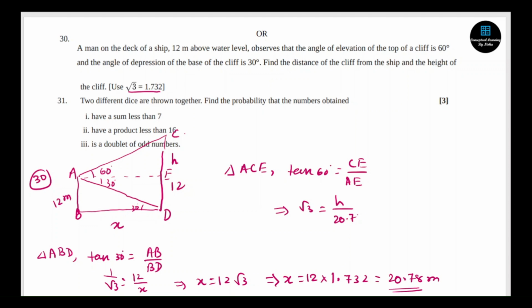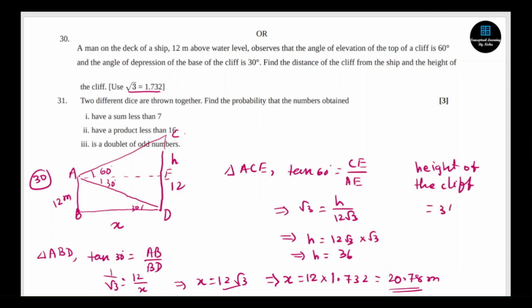If I just write this as 12 root 3, what is here, 12 root 3 I have. So now h value is nothing but 12 root 3 into root 3. See, I'll directly get this, which is 36. Now the height of the cliff equals 36 plus 12.